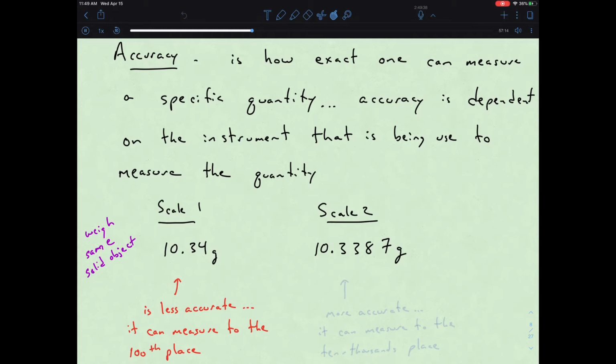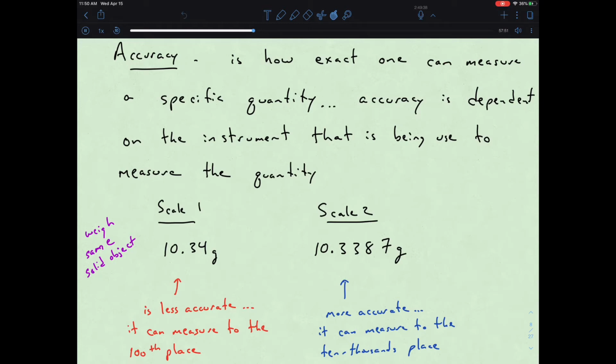While on the right, scale 2, we have something that is more accurate, since it can measure to the 10,000th place. So here we have two measurements. One scale is more accurate than another because of its ability to go into more digits.